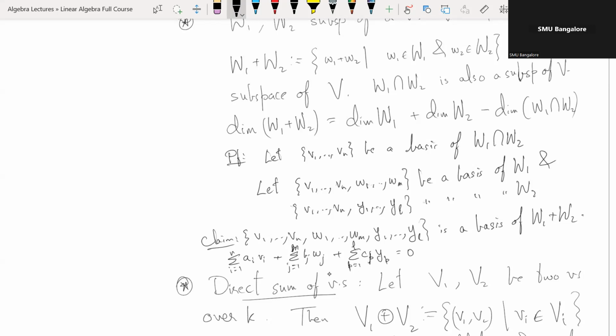Now at least one of the coefficients must be non-zero. So say some ai is non-zero. Looks like I need some more space.